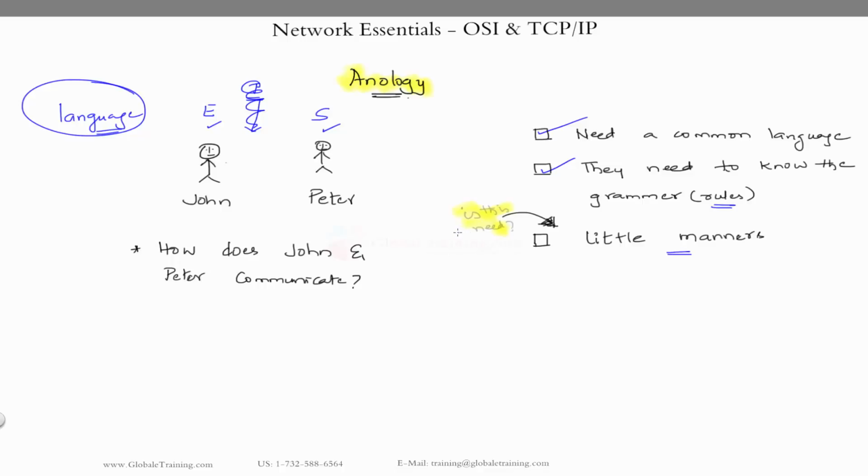Is that really needed? I guess professionally, yes. So primarily, for two people to communicate, we are saying that we need some language, people need to know grammar, and use it for communication. In simple words, this is exactly how computers communicate. So let's look into the details now.